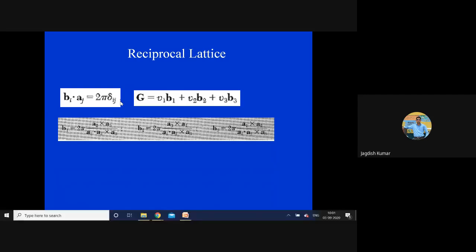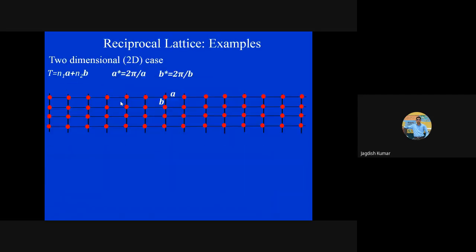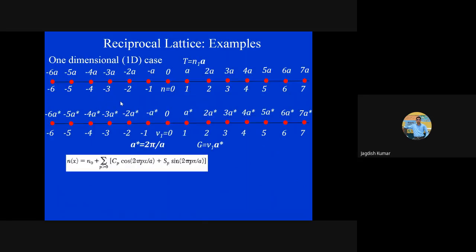In the 1D case we have this expression, right? Similarly, for the 2D case there will be a corresponding 2D Fourier series. For the 3D case, there will be a corresponding 3D Fourier series. So in the 3D Fourier series, you will have three components: 2 pi p x by a, then maybe instead of p we can write p1, p2, p3, or v1, v2, v3 as we are using.